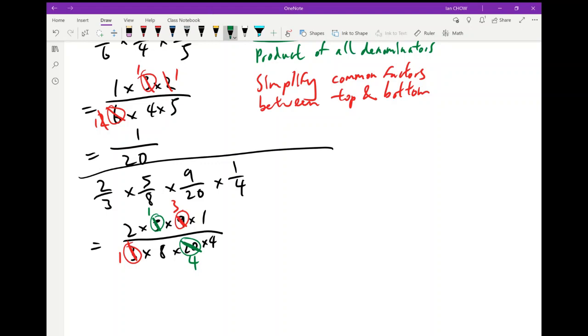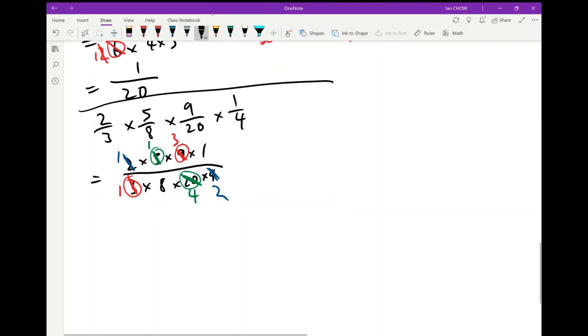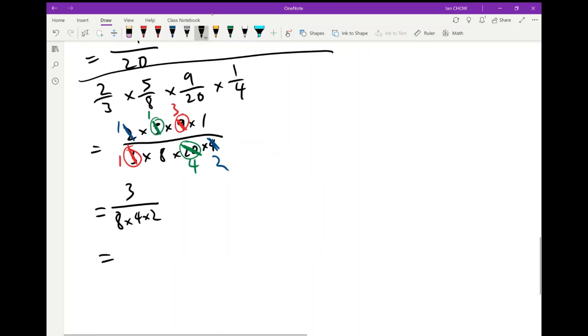So I can take this 2 over here, divide it by 2, that becomes 1, and I can take this 4 and divide it by 2, that becomes 2. And so let's clean up all this mess right here. It looks very messy, so I highly advise you to copy it once again after simplifying. So 1 times 1 times 3 times 1 is the same as 3 at the top, and then we have 1 times 8 times 4 times 2 at the bottom. And so once you multiply them all out, it's 3 over 64, and that is the fraction.